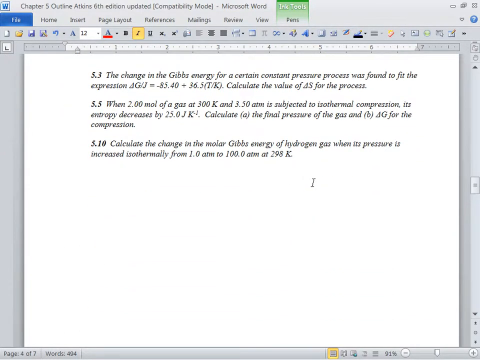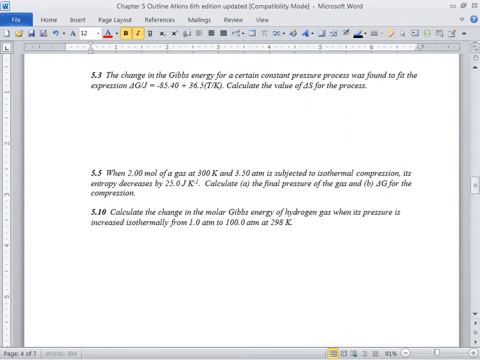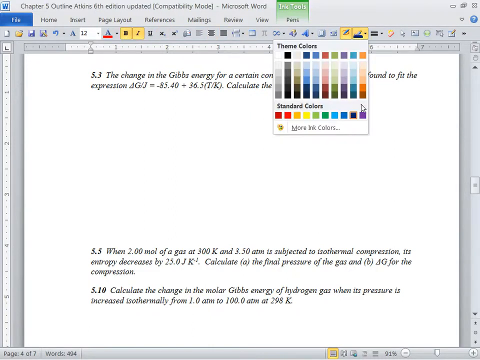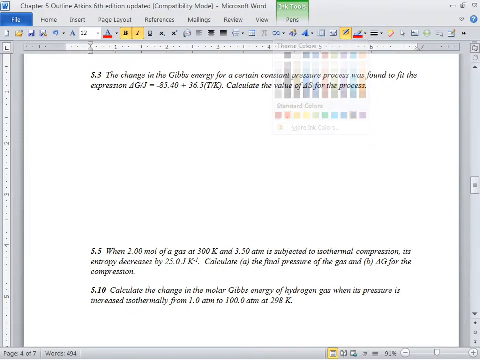Okay. 5.3. The change in Gibbs energy for a certain constant pressure process was found to fit this expression. What does this little slash J mean?